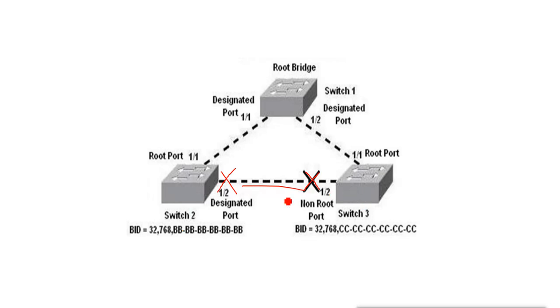In blocking state, they can only accept BPDUs, but they will not send any BPDUs. Now when they don't send any BPDUs, both switches will not have any BPDUs, because from this side it will not send, and from this side also it will not send. So in case this port goes down, then switch 3 has to enable this port.